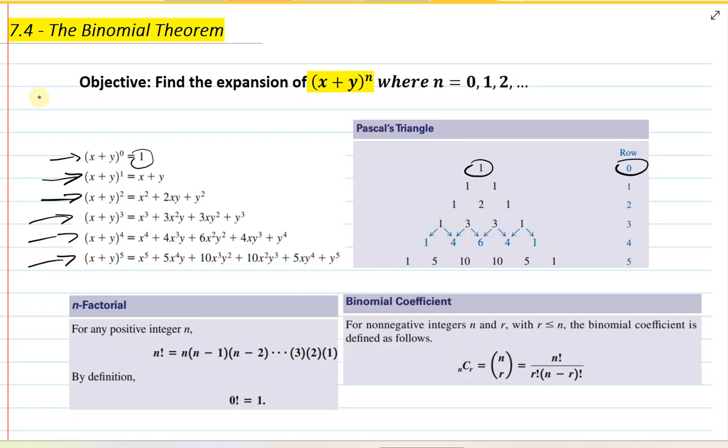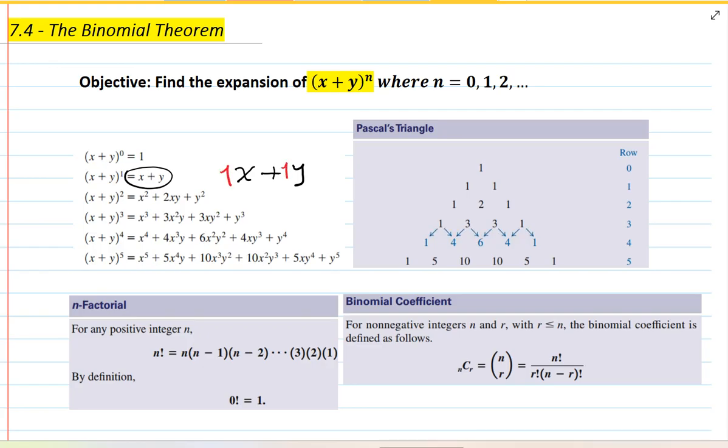Okay, now, going beyond row 1, just a trivial one here. Let's take a look at x plus y. Well, when we say x plus y, we can rewrite it as 1x plus 1y. So the coefficients on x and y on the expansion are 1, 1.